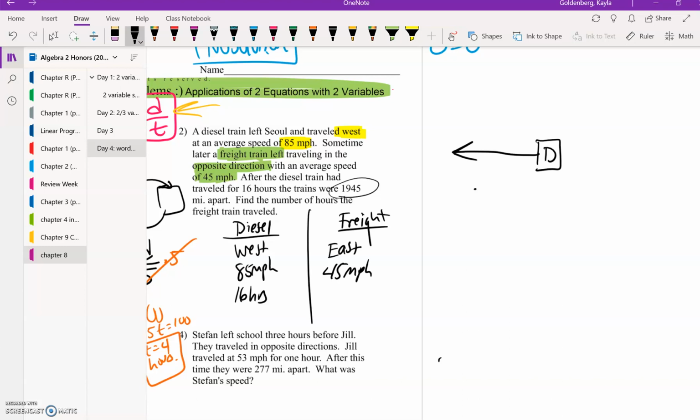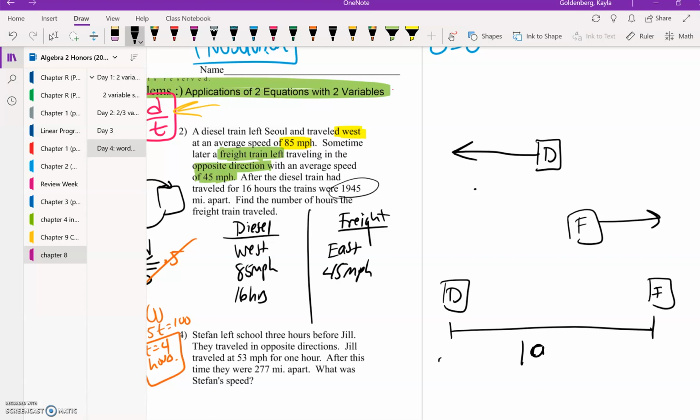And sometime later, a freight train traveling in the opposite direction. So the freight train is going this way. Okay, and at some point, the diesel and the freight are 1,945 miles apart. And we're looking for hours that the freight train traveled.